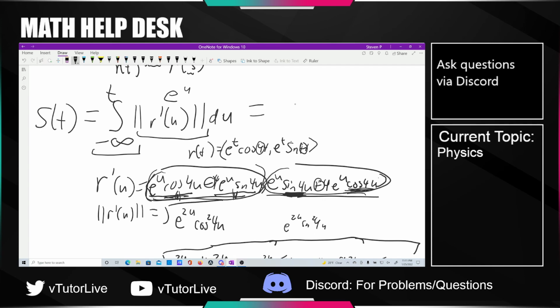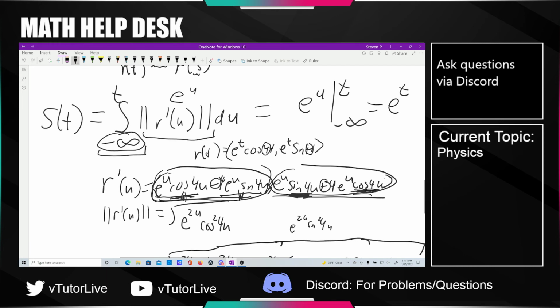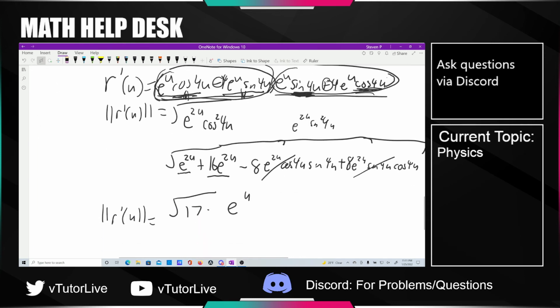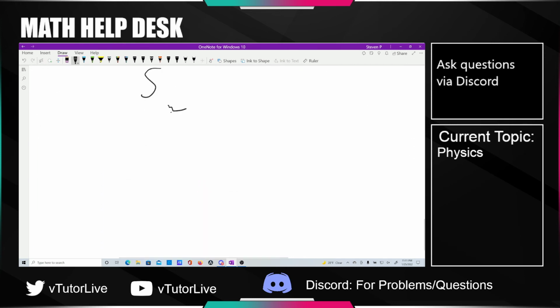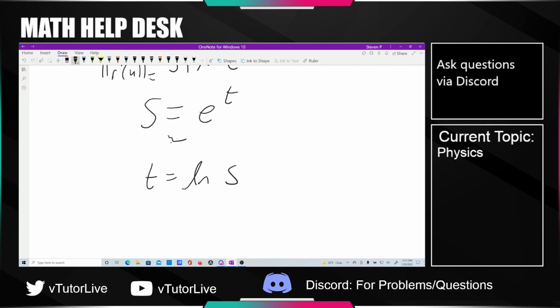You can see why they chose negative infinity now, because the integral of e to the u is just e to the u, from t to negative infinity, and this just turns into e to the t. So now we get this really beautiful behavior where s of t is equal to e to the t. It all works out. So to invert this, t is just equal to ln of s, and this is super cute.